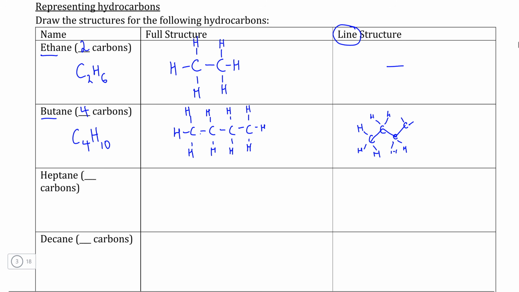There are 1, 2, 3 bonds with hydrogen that are not shown. And if we make this slightly more complicated line structure and compare it to the full Lewis structure, we can see same number of carbons bonded together and same number of hydrogens. And that's why this is equal to this.